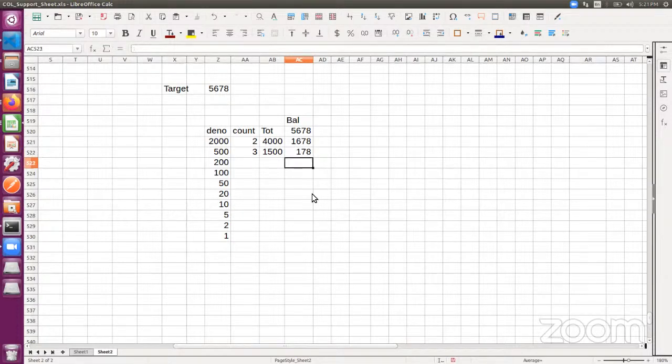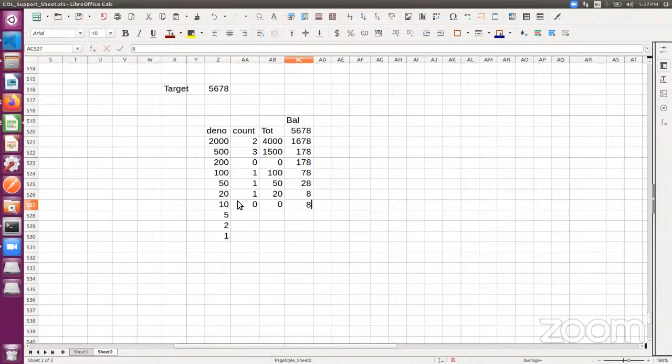Next, 200 rupees: I'll not be able to take any 200 rupee coins, so the count is 0, and the balance is 178. 100: 1 coin, total 100, balance 78. 50: 1 coin, total 50, balance 28. 20: 1 coin, balance 8. 10: 0.